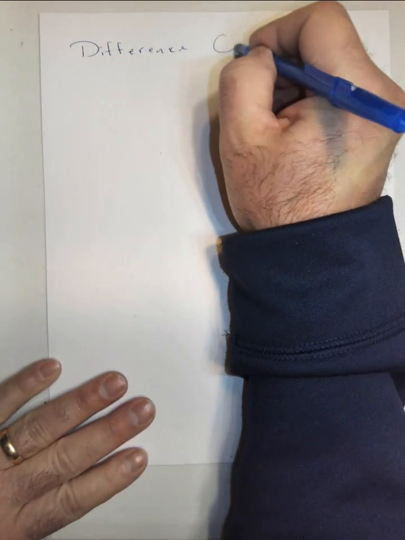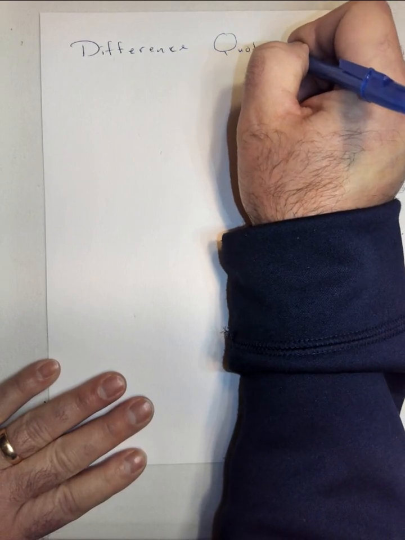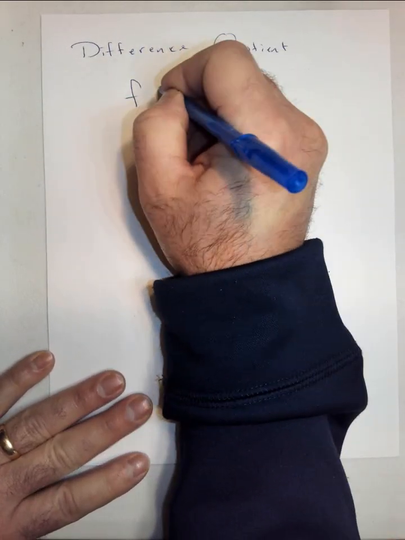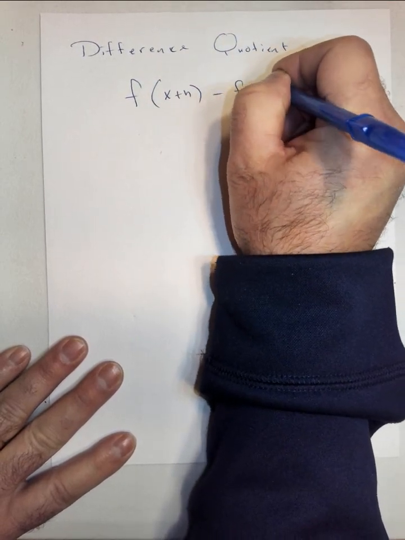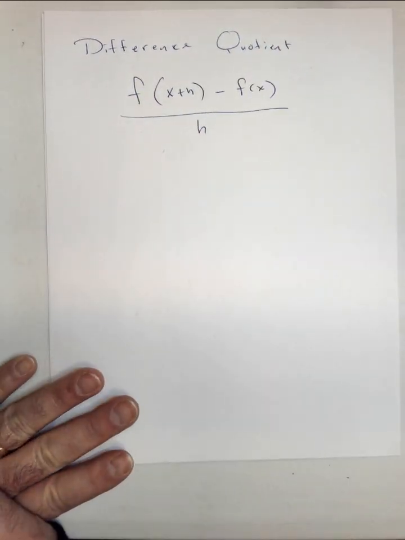I don't know, close enough. You guys know what I'm talking about. So the difference quotient, remember, was this: f of x plus h minus f of x all over h.